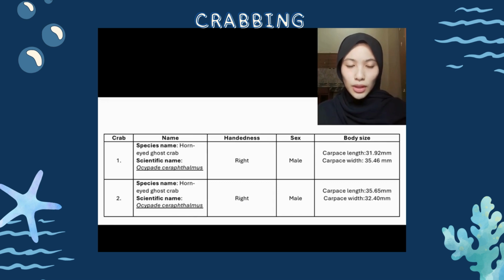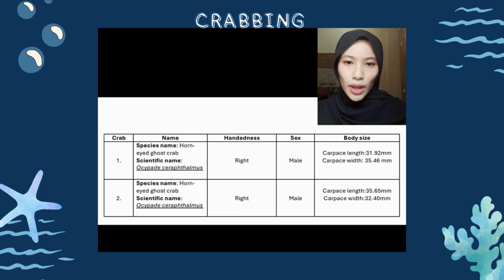So this is the result we got after identifying the crab. As we can see here, we got 2 crabs. The species name for the crab is Horn-eyed ghost crab, and the scientific name is Ocypode ceratophthalmus, and the handedness is their right hand.